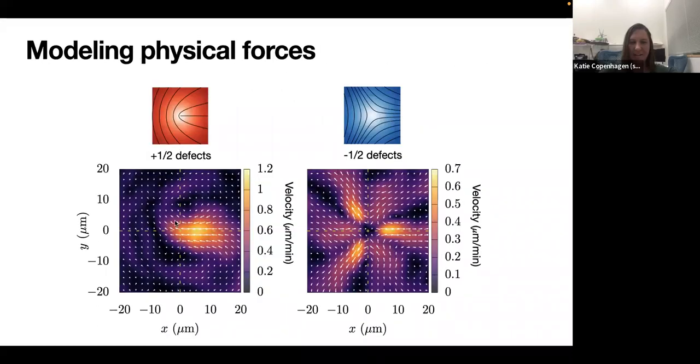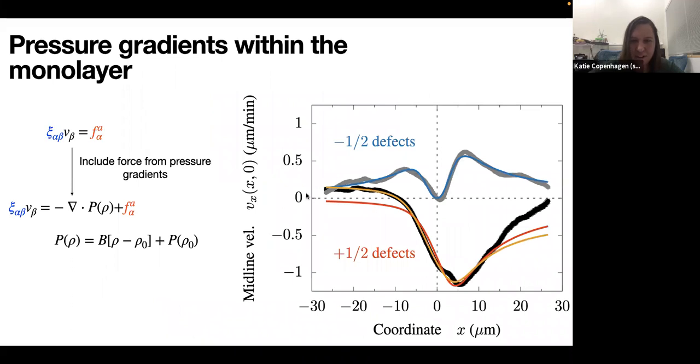Yeah, so we did do a fit. I think that's actually in a different slide. We took the center line of each type of defect and looked at the X component of the velocity along that center line, for both the experiments and the model, so that we could fit those together. And those fits look like this.